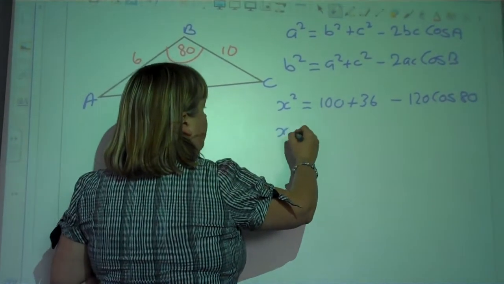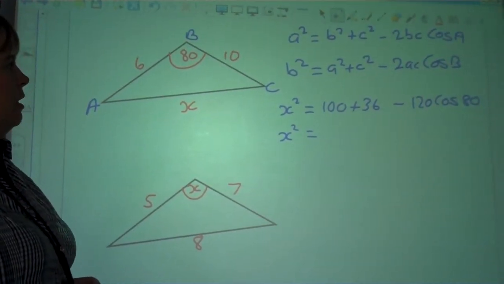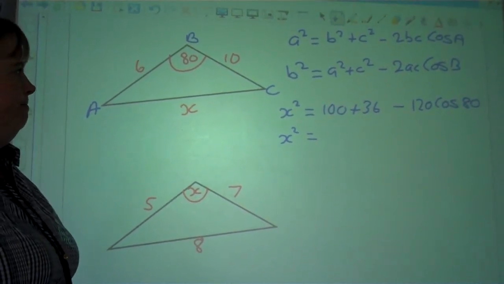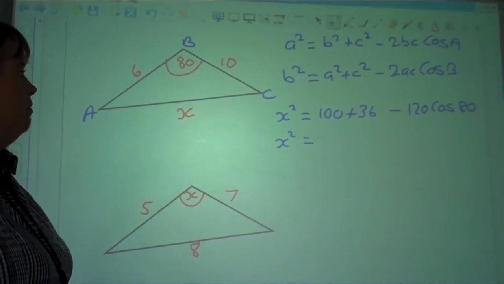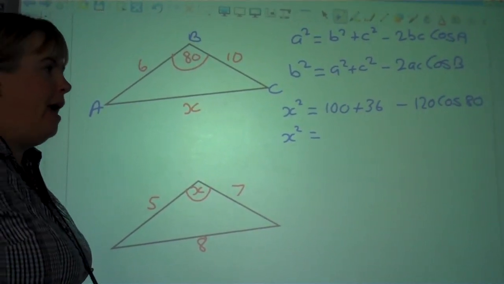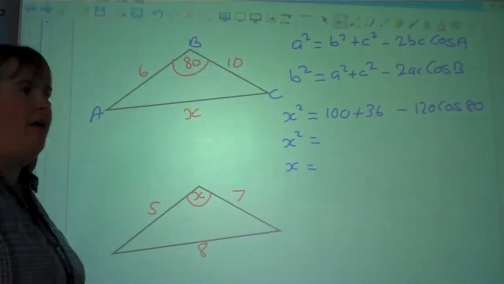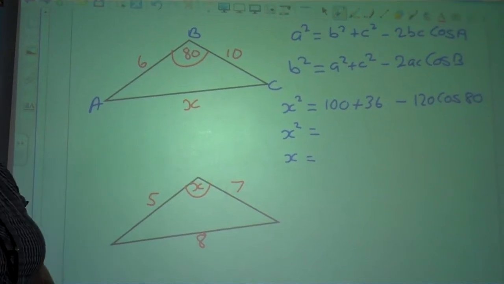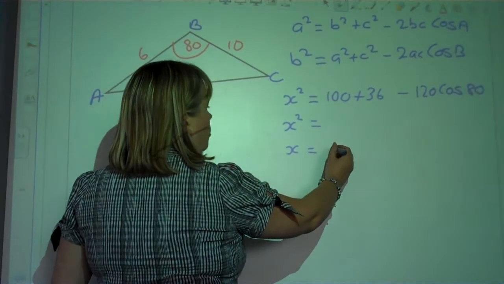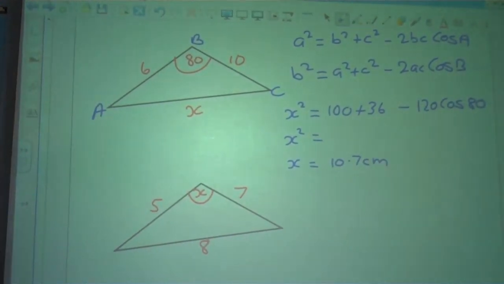So, on your calculator, first of all, do 100 plus 36 minus 120 cos 80. Okay, now that's giving you x squared. So what do you need to do to that on your screen to work out x? So do square root and then press the answer button. What did you get? 10.7. 10.7 centimetres. Okay, are you happy with that?